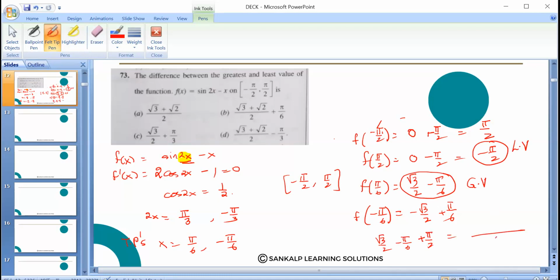The difference is, over 6, 3 root 3 minus pi plus 3 pi, or 3 root 3 plus 2 pi by 6. 3 root 3 by 6 will be root 3 by 2 plus pi by 3. That means option C is correct.